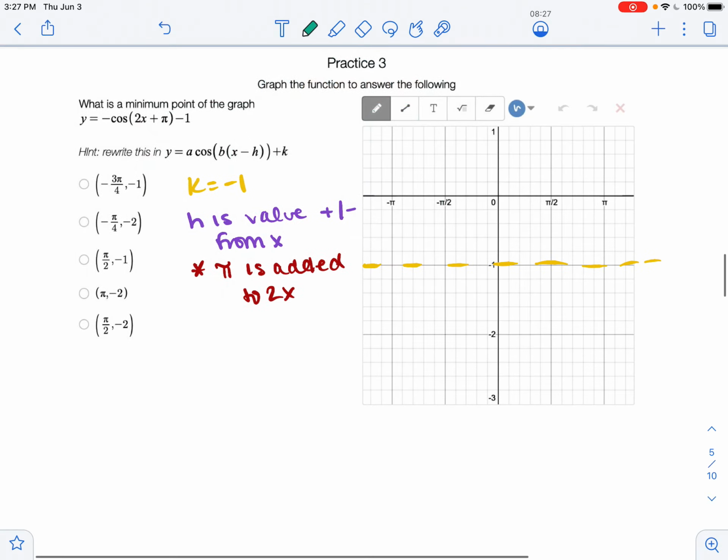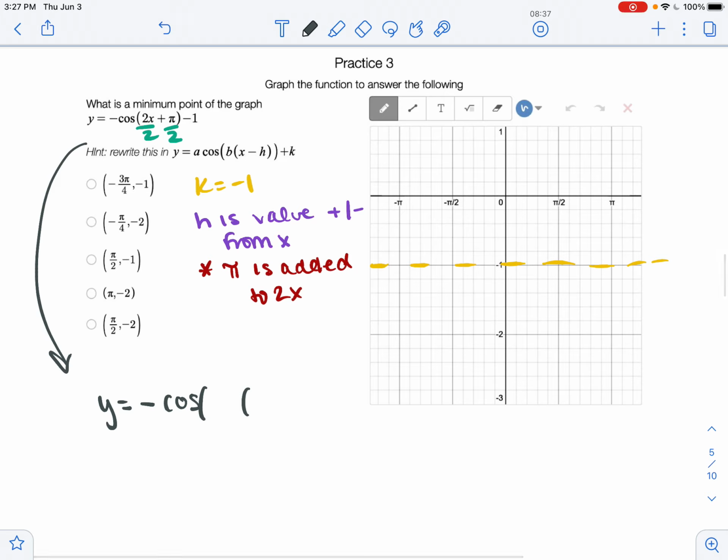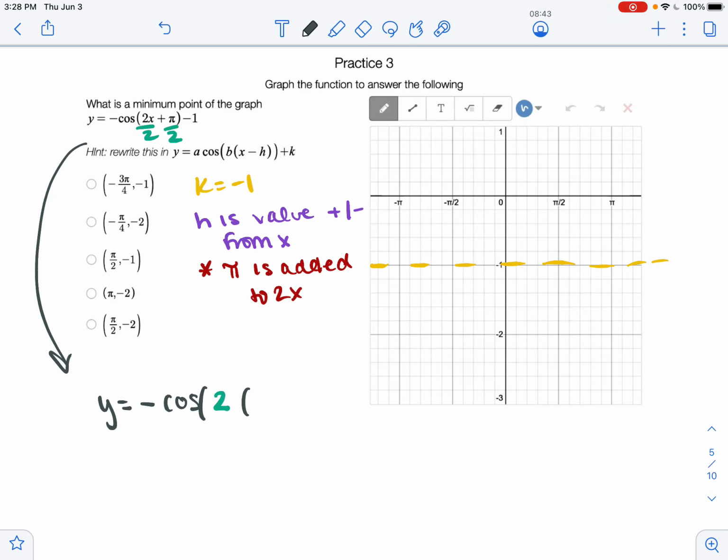So I need to undistribute that factor of 2 from both of these terms. Doing that gives me the equation y equals negative cosine of 2, right? 2 doesn't disappear. We still need that. We're just trying to reorganize this form of x plus pi over 2, close our parentheses, minus 1. You can always check yourself.